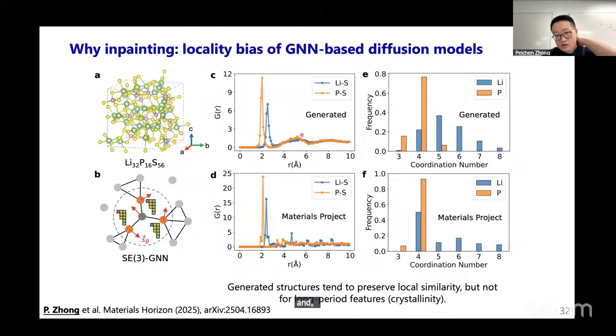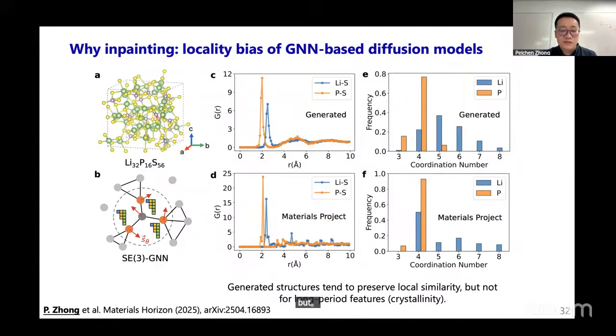And we compare the generated local coordination number and the RDF with the structure derived from the Materials Project database. That's where the model is trained on. It shows that there is some agreement between the generated structures and the training data.